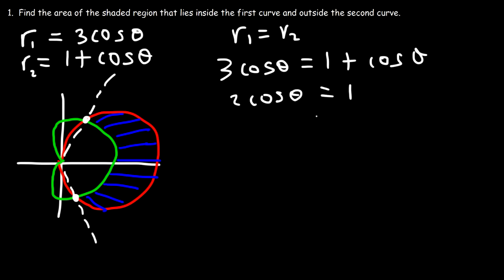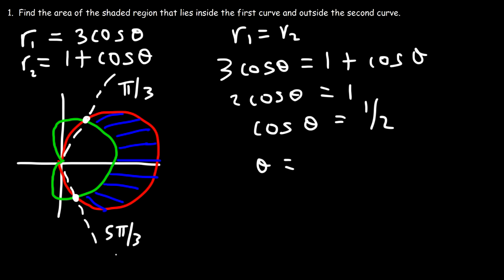And dividing both sides by 2, we can see that cosine is 1/2. Now, what angles will cosine theta be 1/2? Cosine is positive in quadrants 1 and 4. And the reference angle is going to be pi over 3. So cosine pi over 3 is 1/2, and cosine 5 pi over 3 is also 1/2.